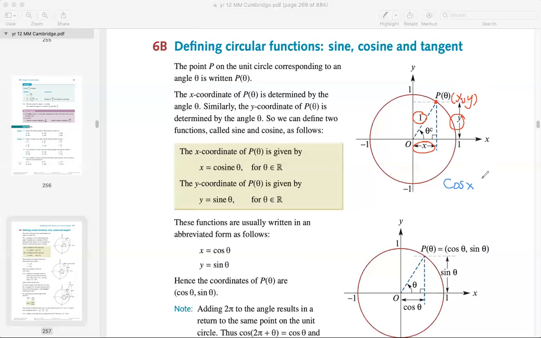Theta is the angle formed by the line from the point to the origin and the positive x-axis. Cos theta is adjacent over hypotenuse, which is x over 1, so x. And sine theta is opposite over hypotenuse, y over 1, so y. Now you realize the coordinates of P no longer need x and y; I can directly use cos and sine.